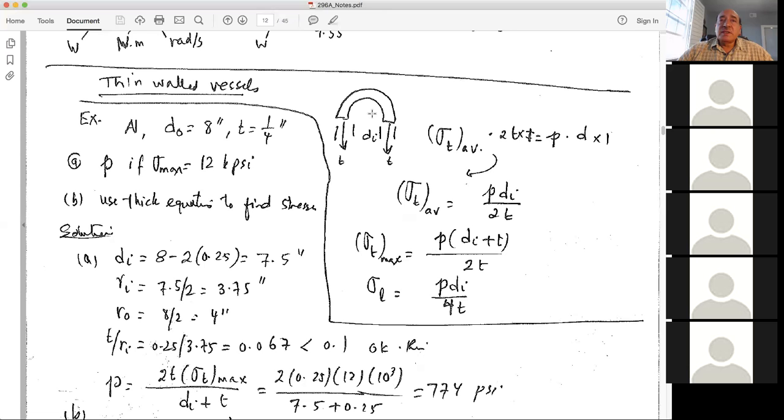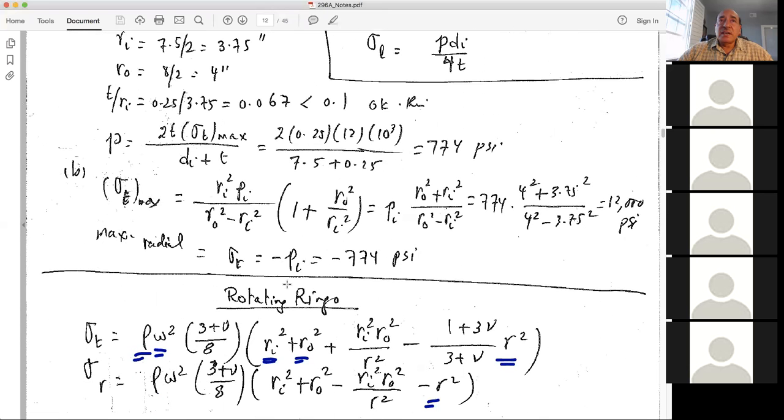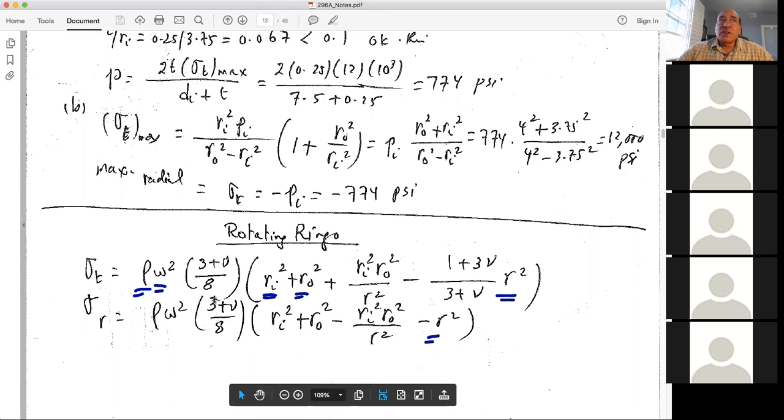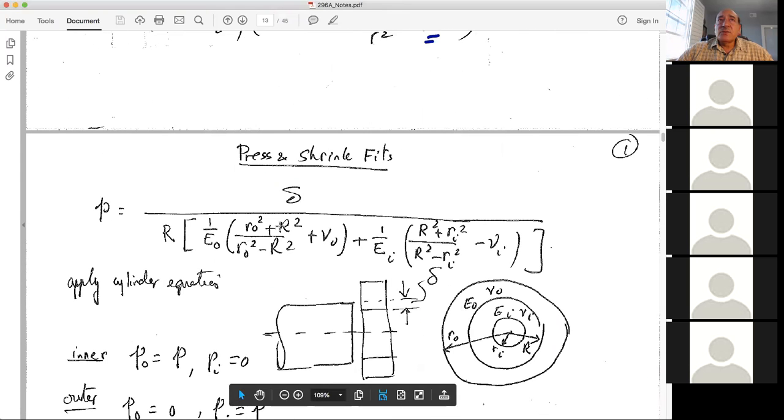And then we will also review rotating rings when we have a ring that is going at a speed omega, and what is the corresponding tangential and radial stress. This is a function of the position R. And one important system is press fits. When we have shafts and we fit one shaft that is hollow inside another shaft, but the fitting is not perfect.